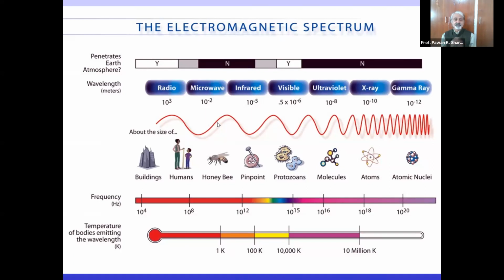These two parts of the spectrum you are very much familiar with, because none of us here have never used a radio, in your car or in your home. Similarly, if you have a microwave in your home or ever used a microwave, the microwave part of the electromagnetic spectrum is also used. Infrared, when you use a remote, most of the remotes work on the infrared.